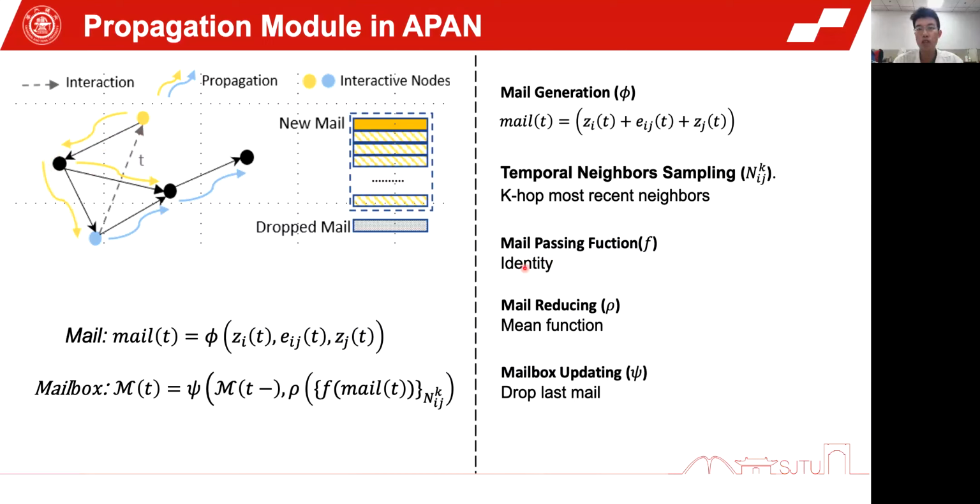In our work, we just use the identity function, which means that the mail is being propagated with nothing changed.